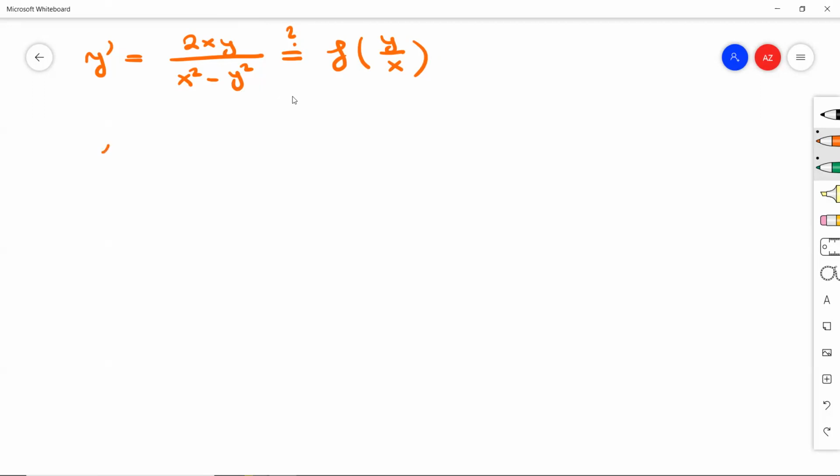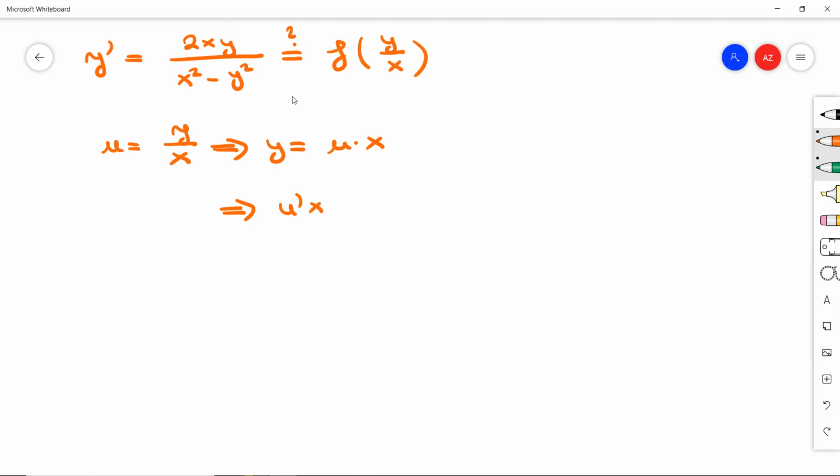So let's just write that u is y over x. And from here we express y, and we get u times x. And let's plug this into our equation. So y prime is u prime x. Recall that u is a function of x, so we have to differentiate by using the product rule.